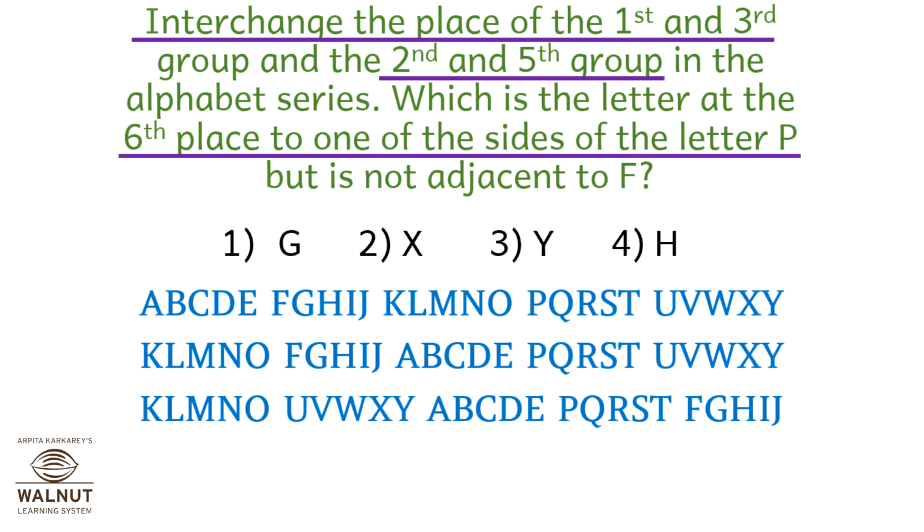Now, which is the letter at the sixth place to one of the sides of the letter P? So here is P, and it's sixth place to one of the sides but is not adjacent to F. So what is not adjacent to F? It's Y. So the correct answer is option 3, Y.